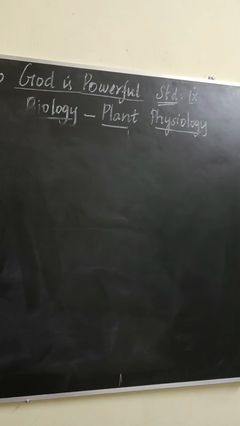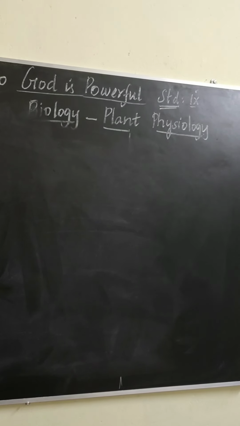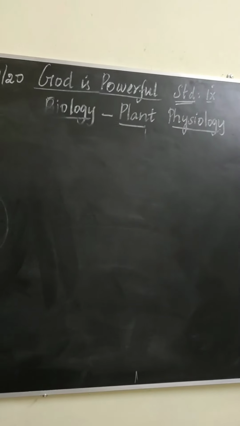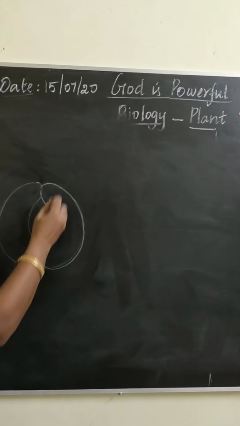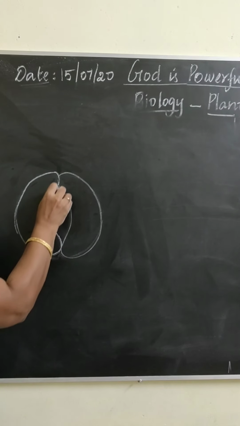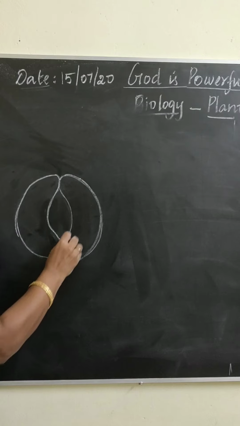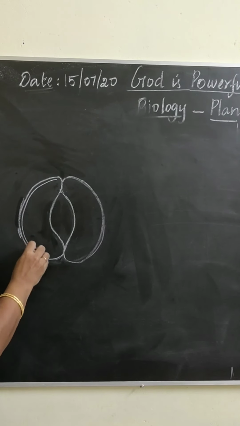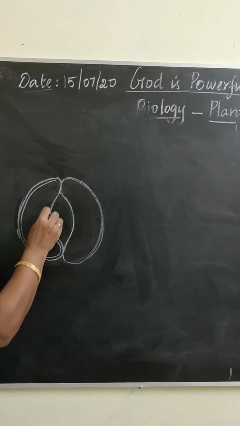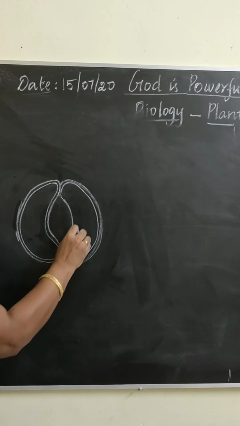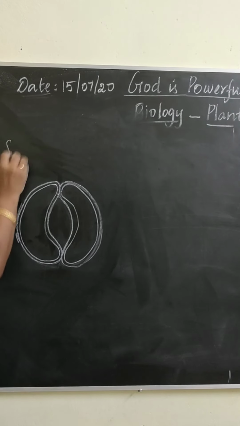Children, how does the excess water expel out of the plant? Good. The plants expel the excess water through stomata. Yes, structure of stomata.